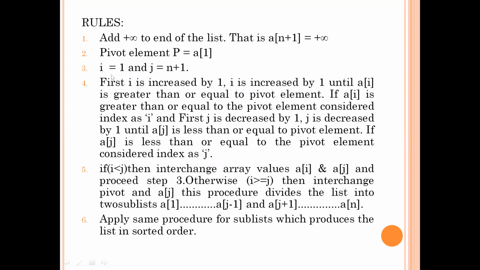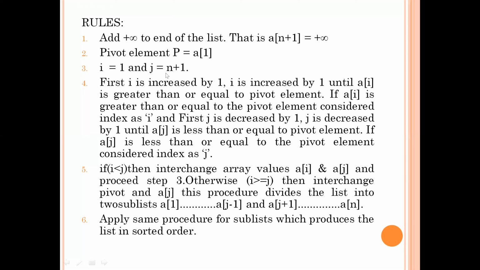So how will these i and j be moved? You will select the element at A of i and check it with the pivot. If the element at A of i is greater than the pivot, the loop stops. Similarly for j, you will select the element at A of j and compare it with the pivot. If the element at A of j is less than the pivot, then j will stop.